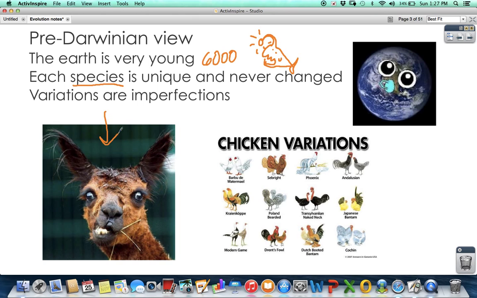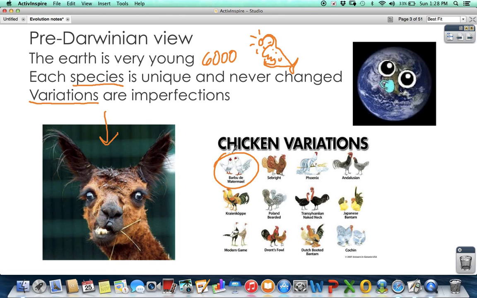So if you're a crazy looking thing like this, well, you were born like that. And if you looked 6,000 years ago, the animals looked just like that, with no change whatsoever to the species as time went on. They also believed that any sort of variation in the type of animal, like these chickens, was not an adaptation.